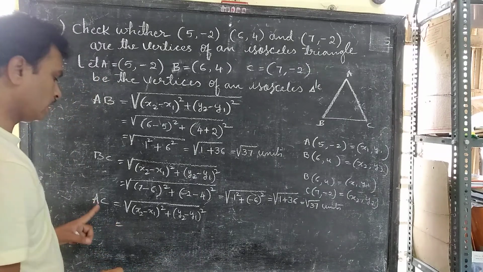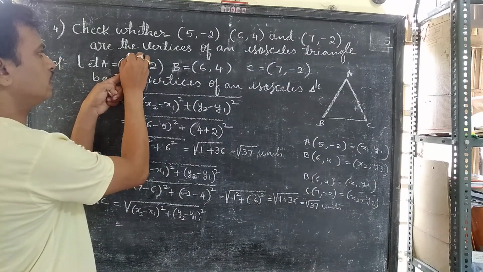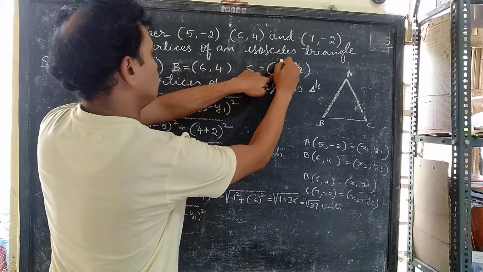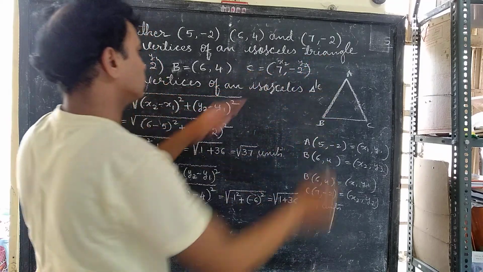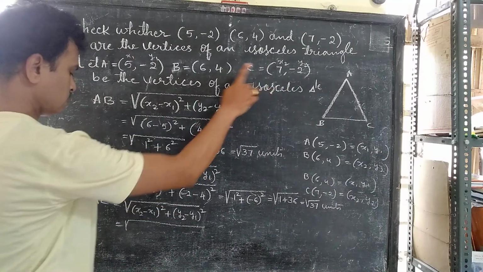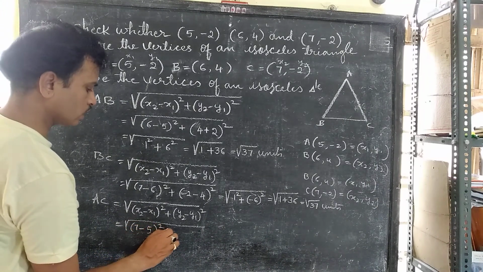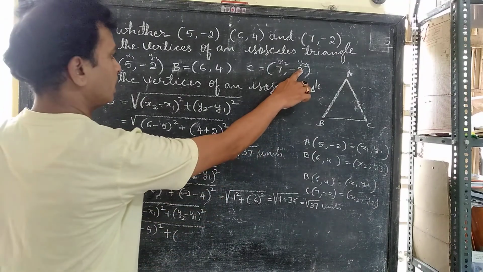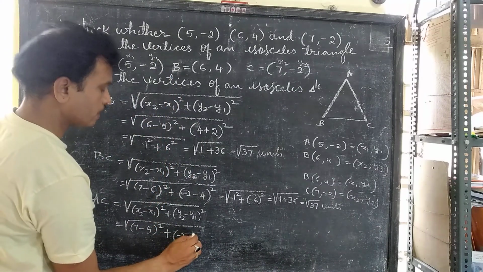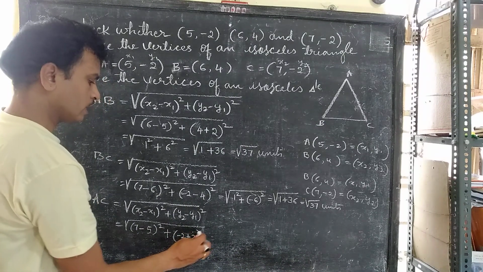Here the A point is (5, -2), which we take as x1, y1, and point C as x2, y2. x2 is 7, x1 is 5, so (7 - 5) whole square plus y2, which is -2, minus y1, minus into minus becomes plus 2, whole square.